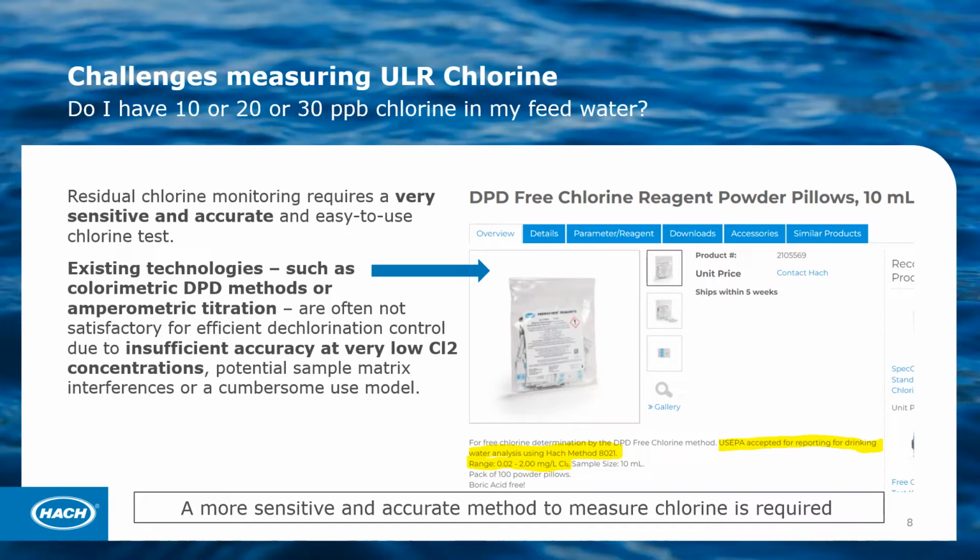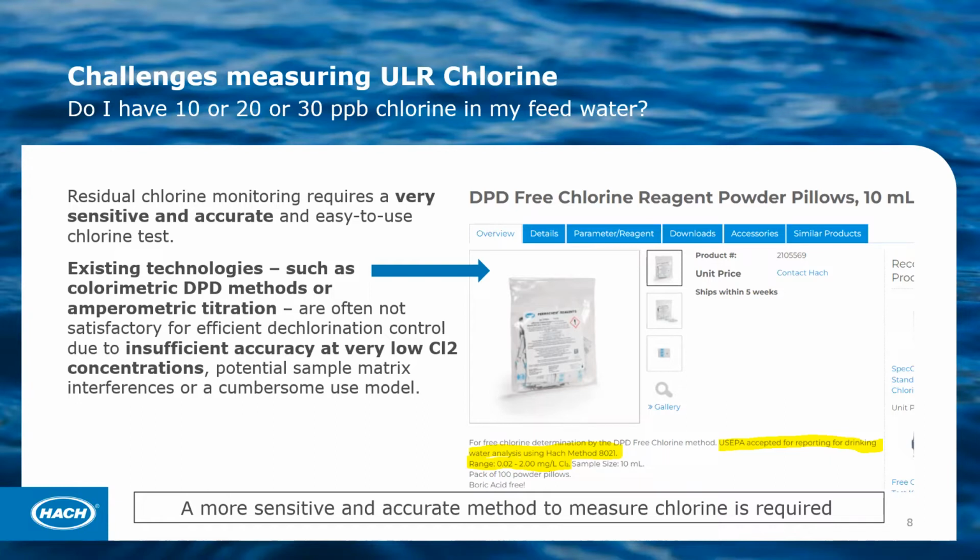Now, DPD is a traditional colorimetric type method that has been in the market for decades. Hach is just one of many manufacturers of DPD chlorine tests who have been manufacturing this chemical reagent for a long time. And it's done an amazing job for what it's intended to do, which is to monitor chlorine in sort of that standard low range.